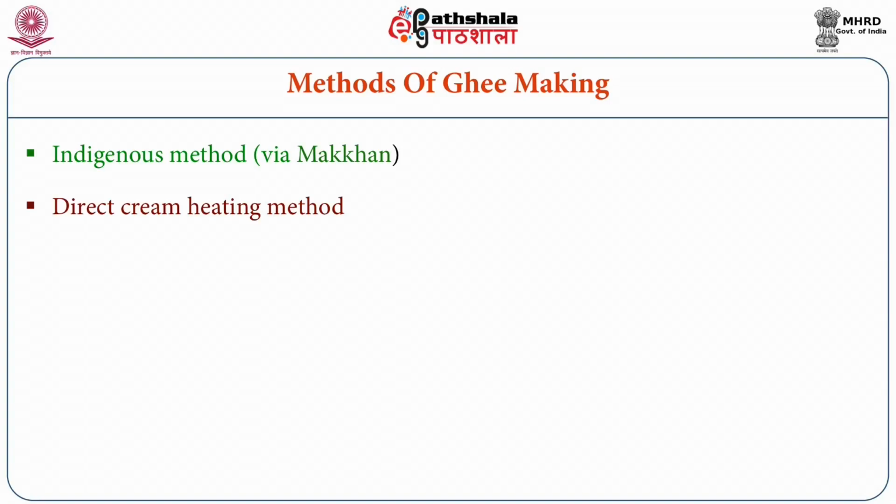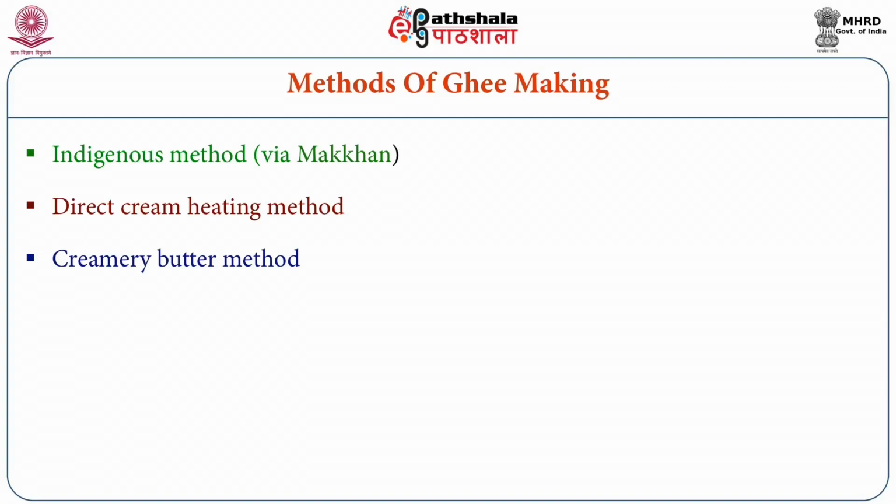And if you start with such high fat cream, your energy saving will be there, and even the amount of ghee residue formed from the SNF will be low, and you will be getting very good fat recovery in ghee made by direct cream heating method. Here, there is no need to prepare any intermediary white butter. So any associated equipment and handling you require for butter making is not required here. Very simple process.